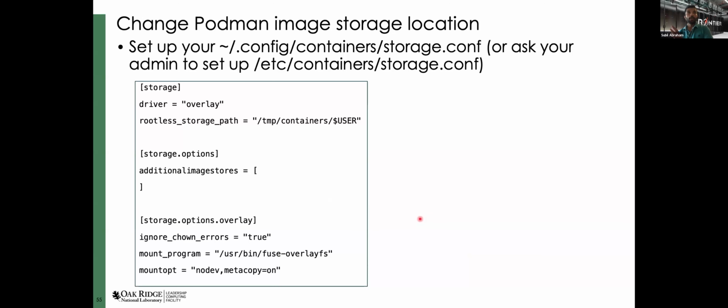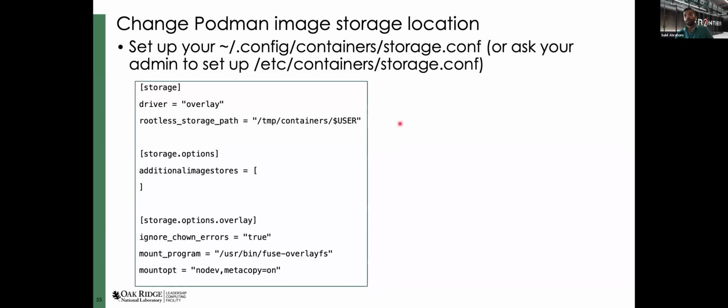The way you can do that is to set up a file called storage.conf. Either you can do it in your own home directory, or you can have your admin do it for everybody in etc containers storage.conf, where for a rootless storage path you specify a location that is on a local file system that is not shared between multiple nodes.